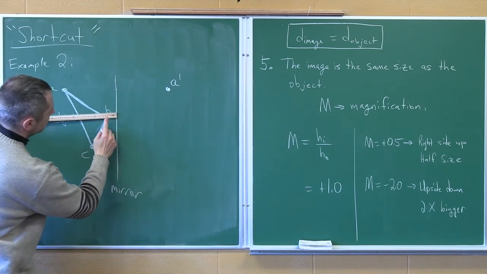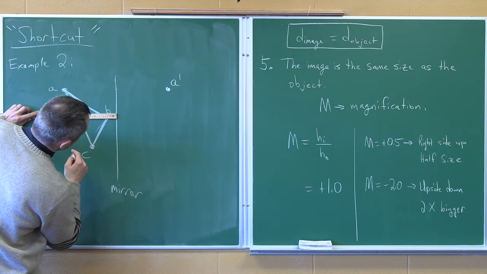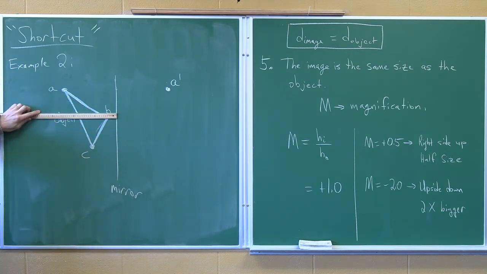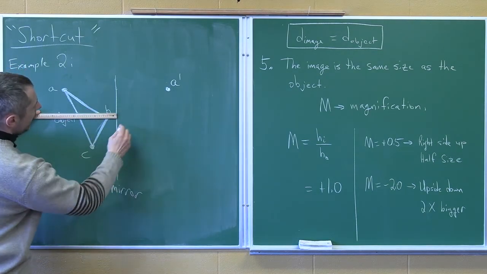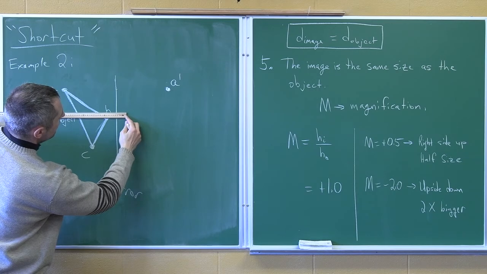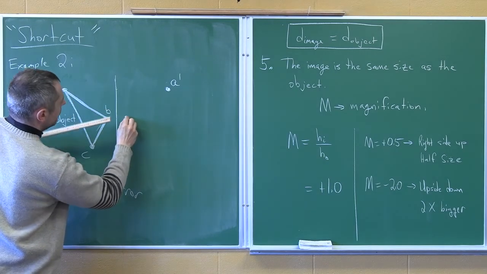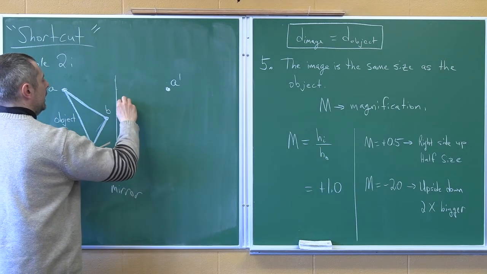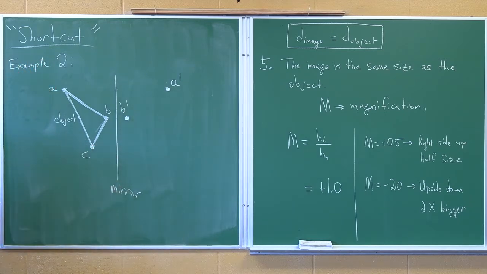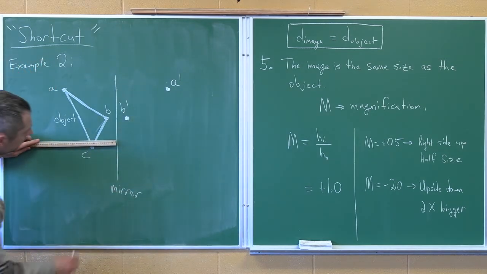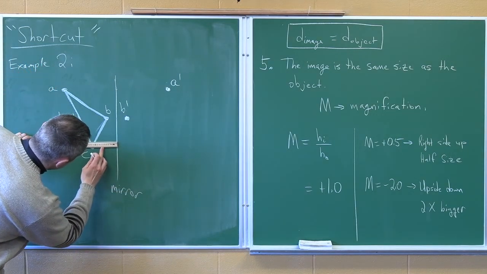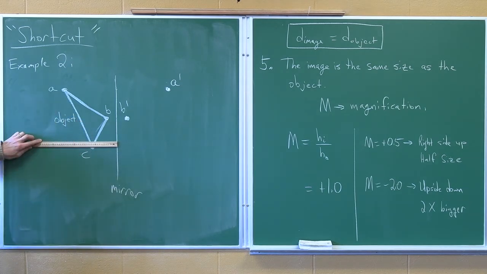B is 4.5 centimeters in front of the mirror. The image of B will be 4.5 centimeters behind the mirror. So I'll label this B prime. And C is about 11.5 centimeters in front of the mirror.